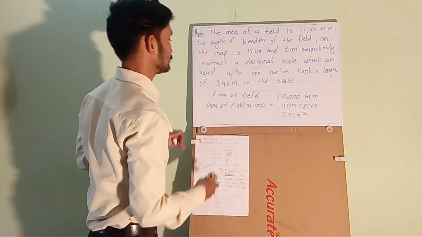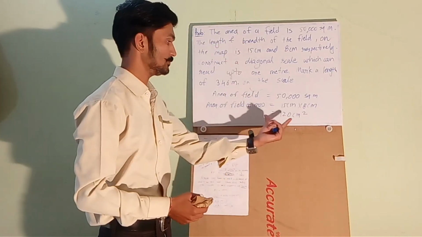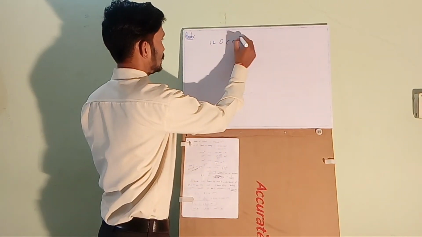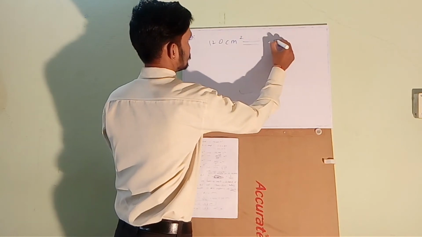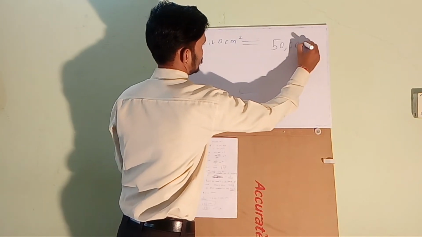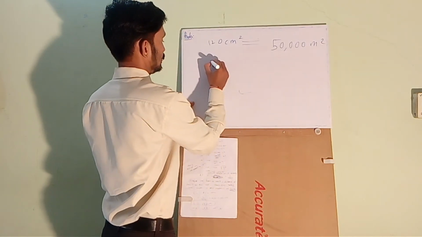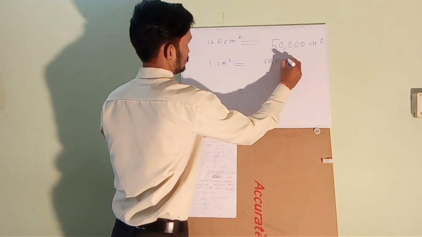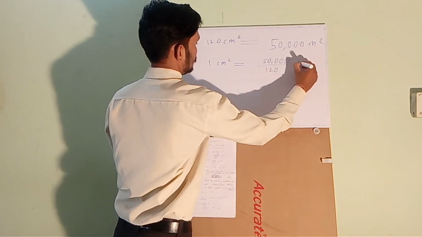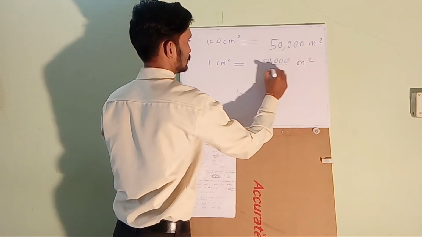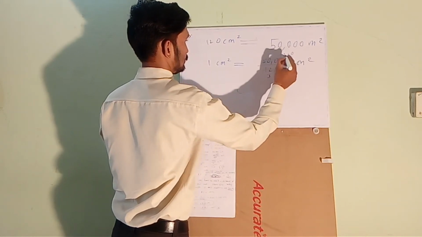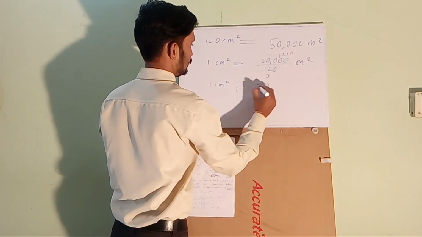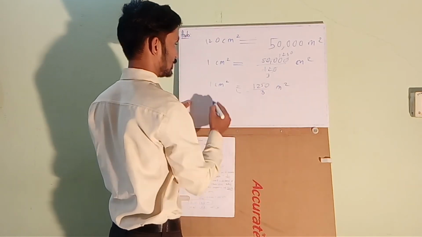Okay, so the area of the field on map is 120 centimeter square. Okay, so 120 centimeter square is representing 50,000 meter square. 1 centimeter square is representing 50,000 divided by 120 meter square, which is 1250 by 3 meter square.